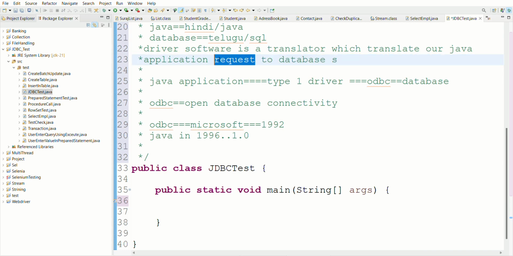Instead of using request, I am writing call, Java application call to database specified call, and vice versa.